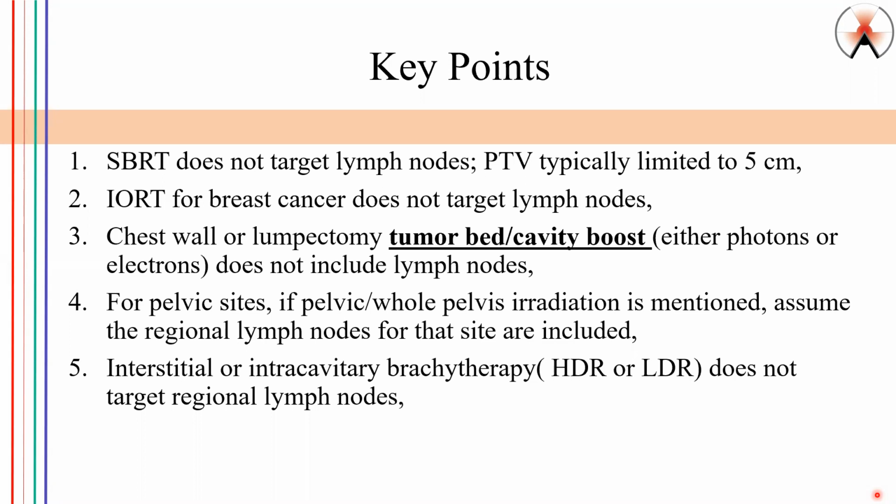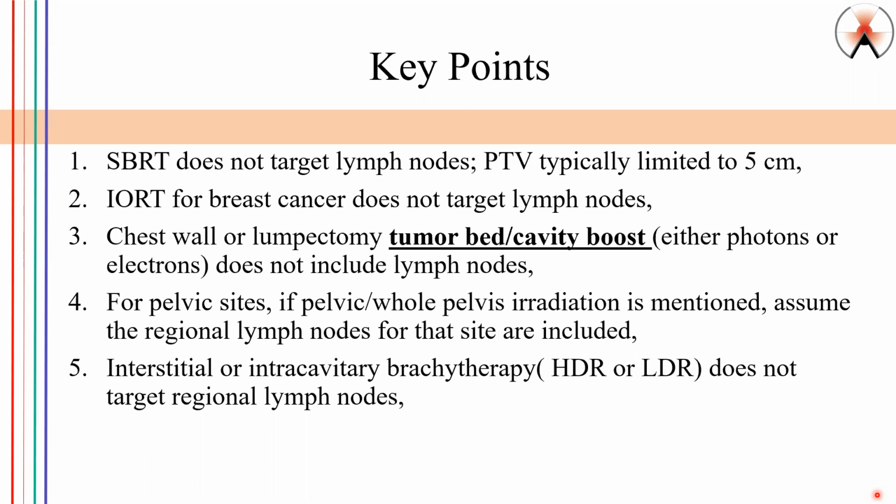Chest wall or lumpectomy, tumor bed or cavity boost. I mentioned earlier that you're more likely to see that boost for the chest wall, or especially for the lumpectomy cavity. Most of them are going to be photon boost. Some of them are going to be electron boost. For chest wall, you're more likely to see electron boost.